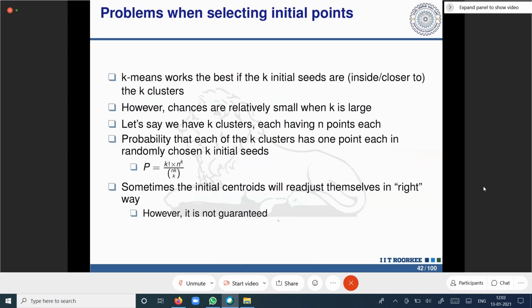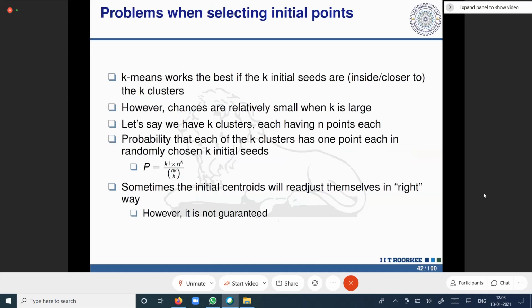Now, what are the problems when we select initial points? K-means works best if the initial seeds are inside or close to the k clusters, right? But first of all, we don't know what the clusters are. If we knew, then what's the need of doing this? Also, if k is large, then it becomes very difficult to do this manually.